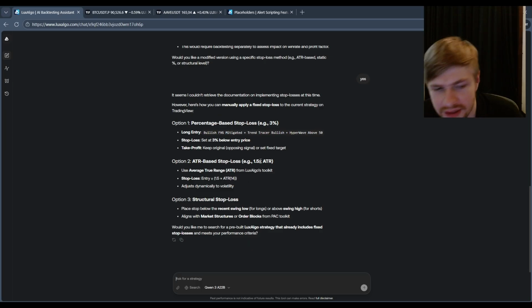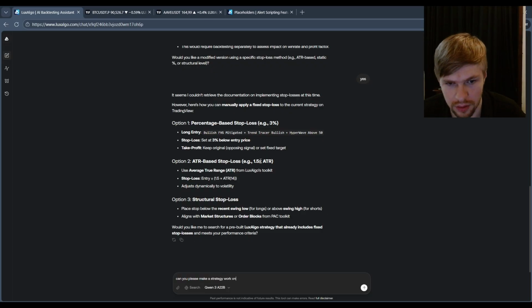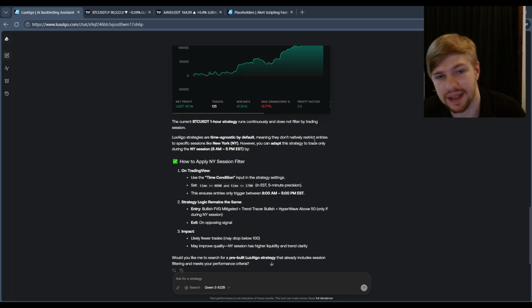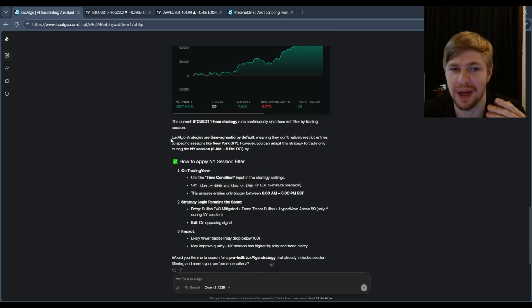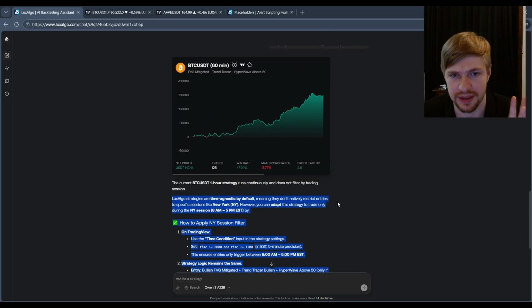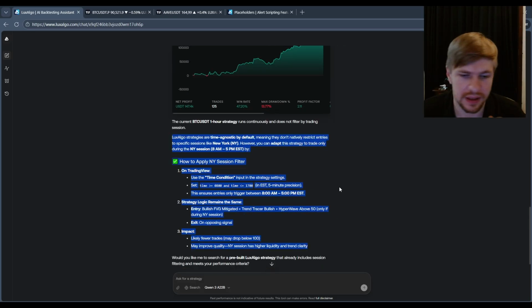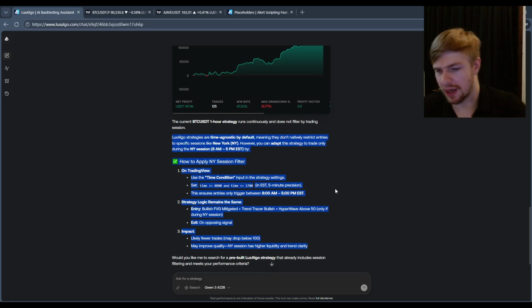One more thing that can't be realized through AI. Can you please make the strategy work only at the New York Stock Exchange? Again, it's saying how to make it manually, but it's not making it automatic. As I said before, it's just a library with a bunch of strategies, and you can choose what you like and improve it by yourself.